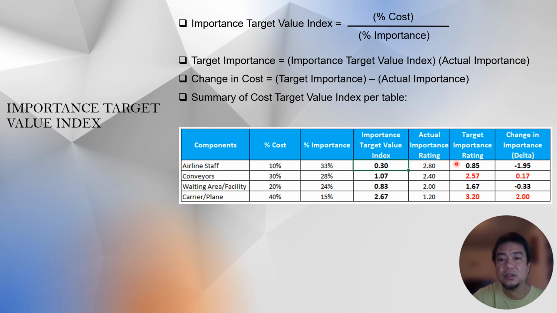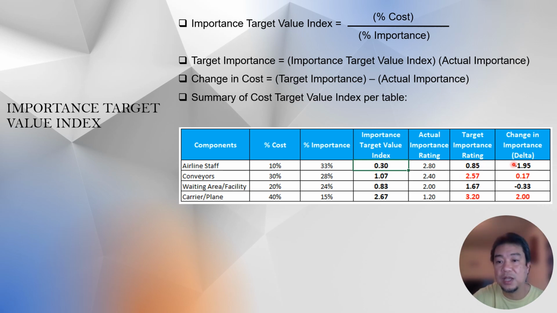So to get the new target importance ratings, you multiply the actual importance ratings by the new target value index. So that's 0.33 multiplied by 2.8, which is 0.85.